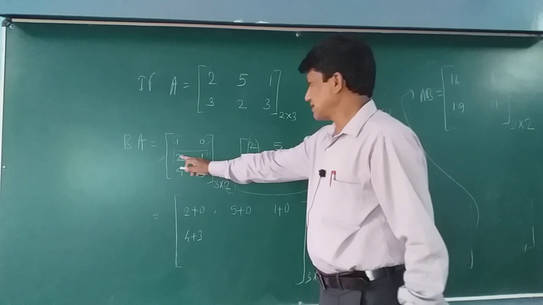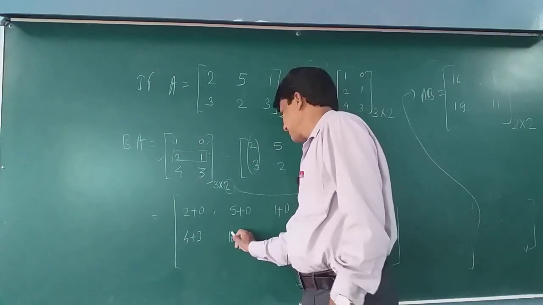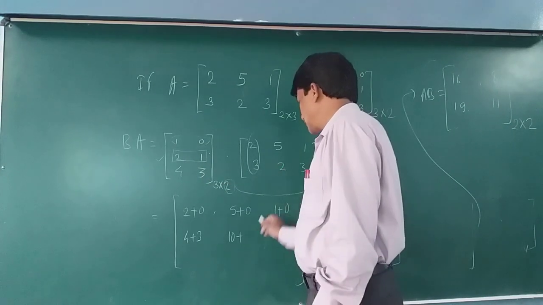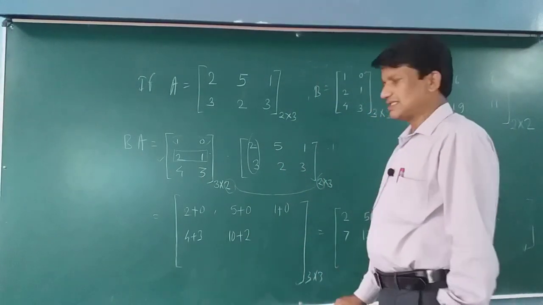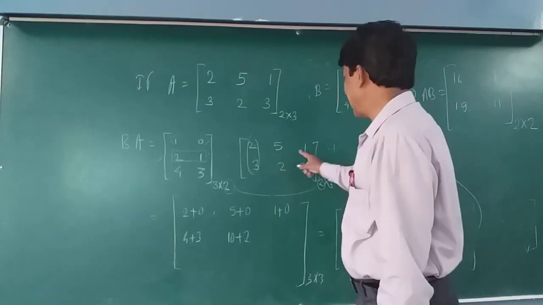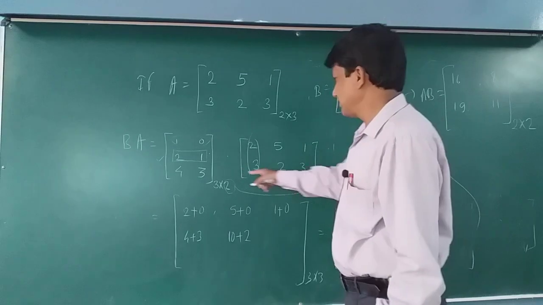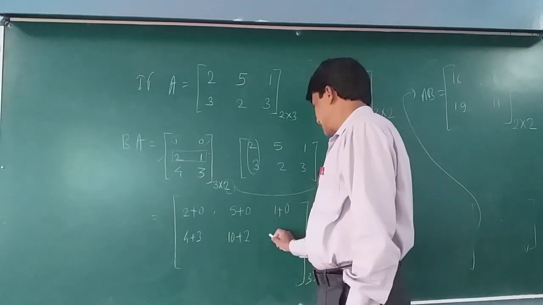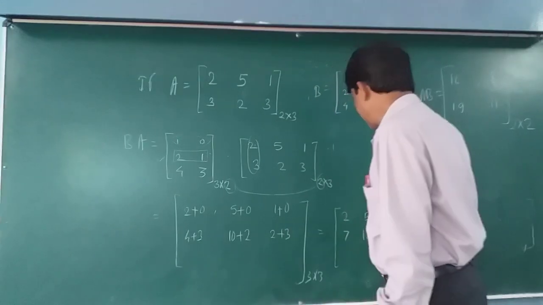Same way, second row with second column, 2 into 5 is 10 plus 1 into 2, 2. The answer is here 12. Same way, second row with third column, 2 multiplied by 1 is 2 plus 3. The answer is here 5.